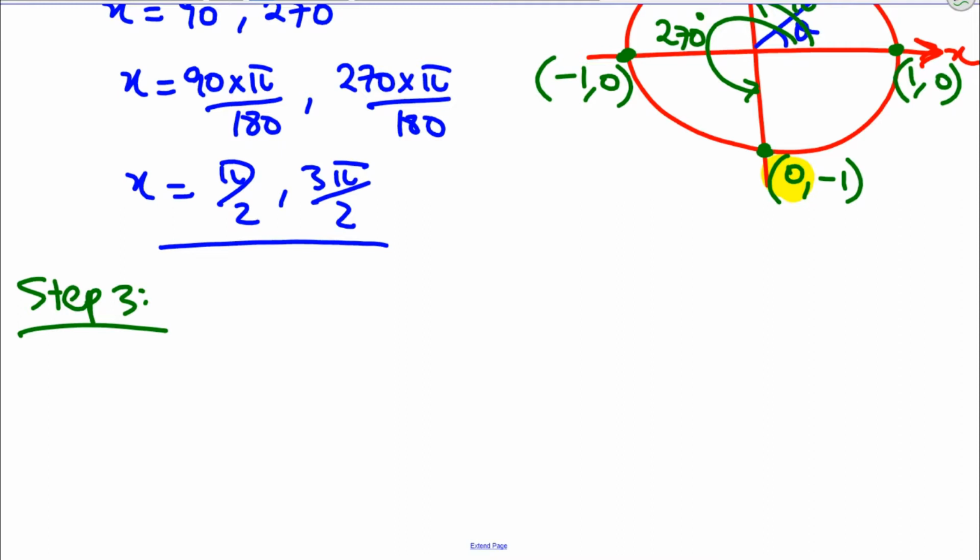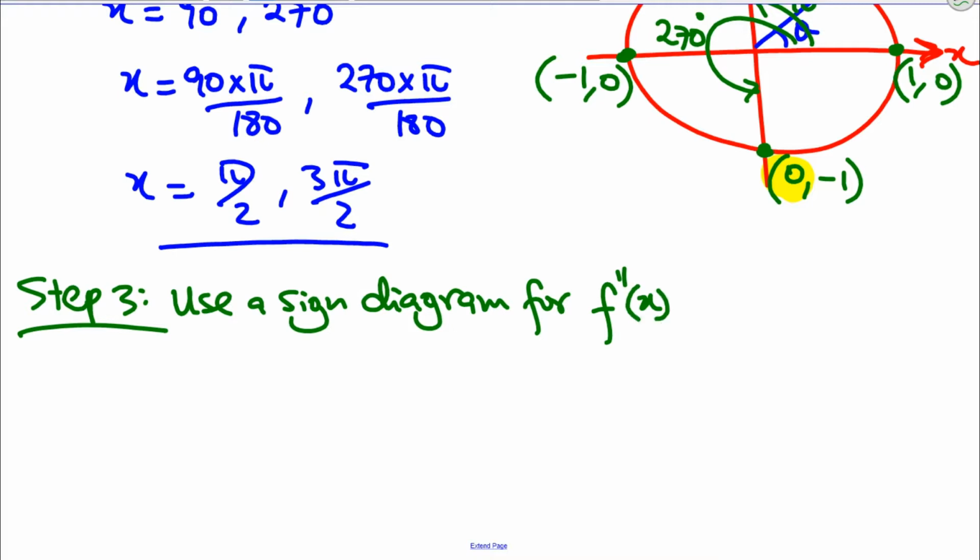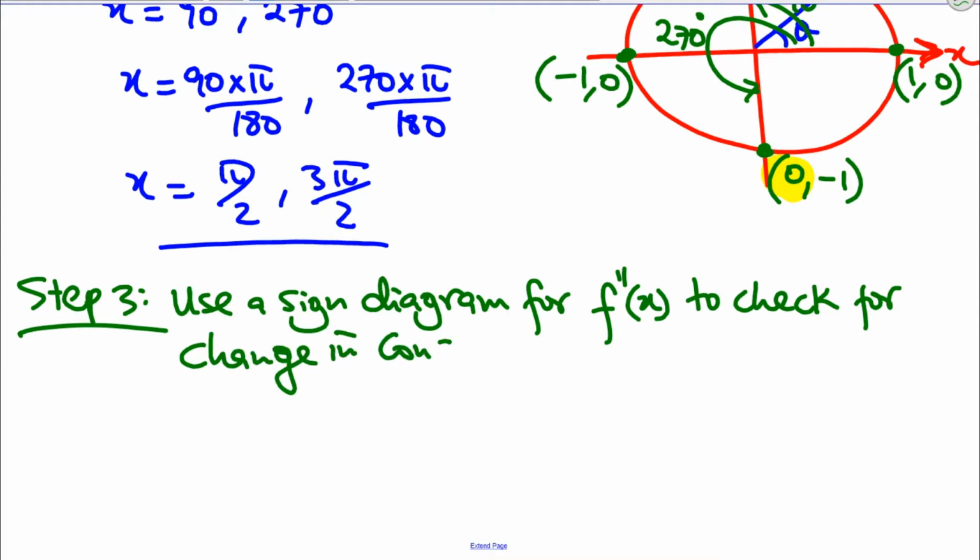Use a sign diagram for the second derivative to check for change in concavity around the potential points of inflection.